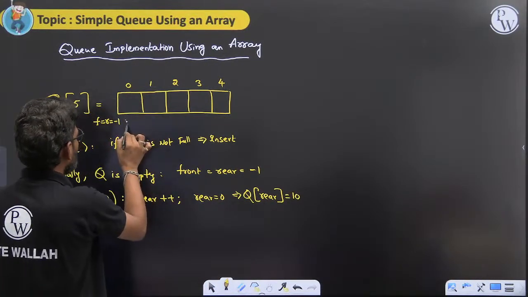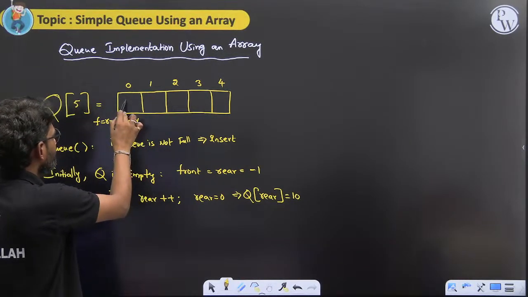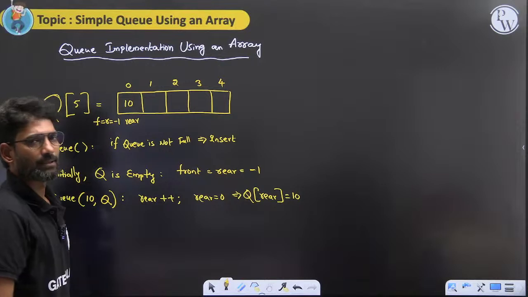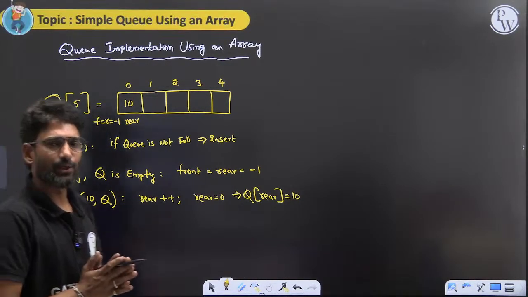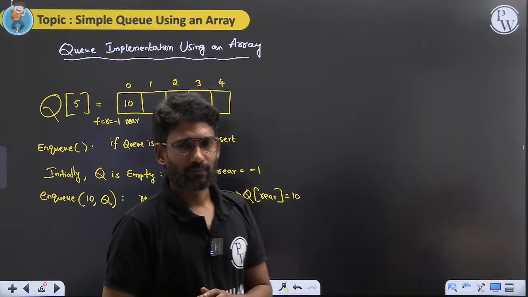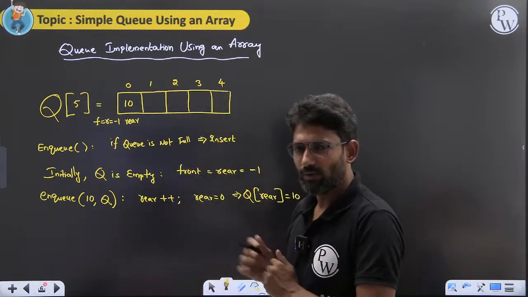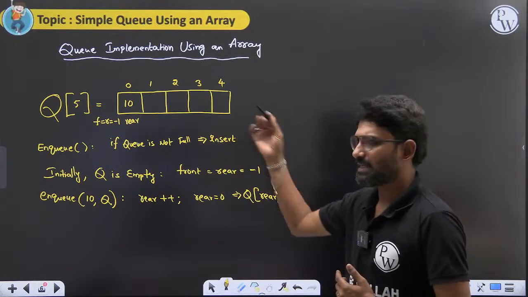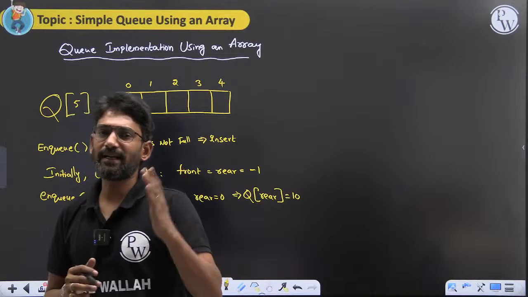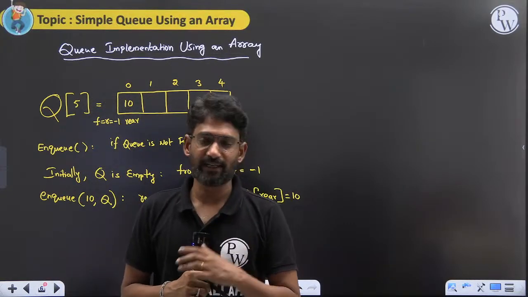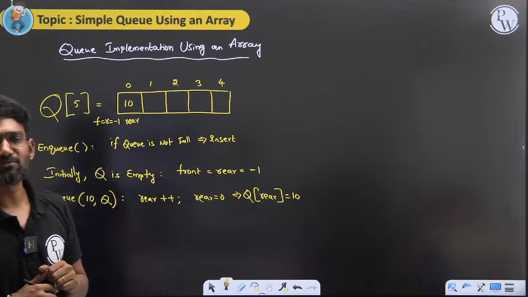So now rear is at index 0, queue of rear is 10. Now how many elements are in the queue? One element. If I wanted to delete, do I have any element now? Yes, I have just inserted an element. But from which end can I delete? From the front end. But where is front? Front value is -1.